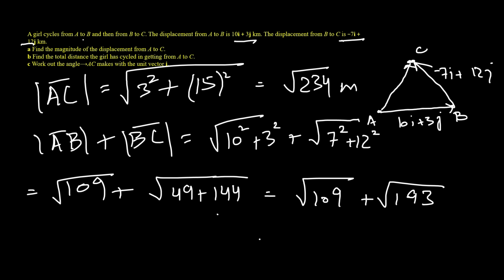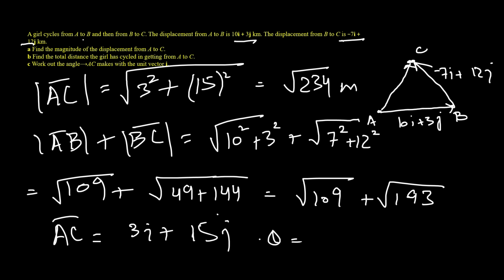Now the last part, work out the angle AC makes with the unit vector i. We already calculated the vector AC. The vector AC was given by 3i plus 15j. Now the x and y components are given, we can very easily find theta.